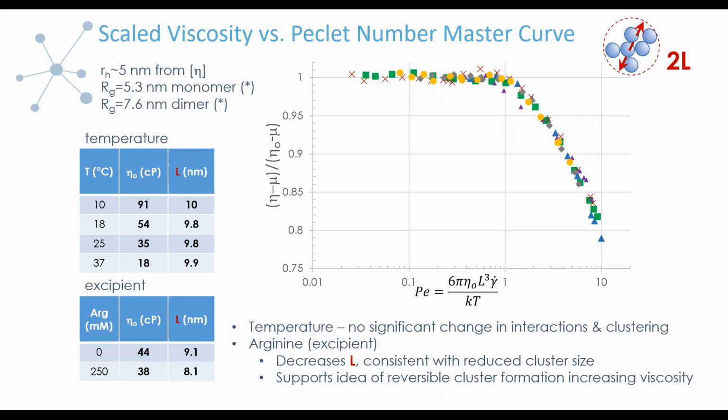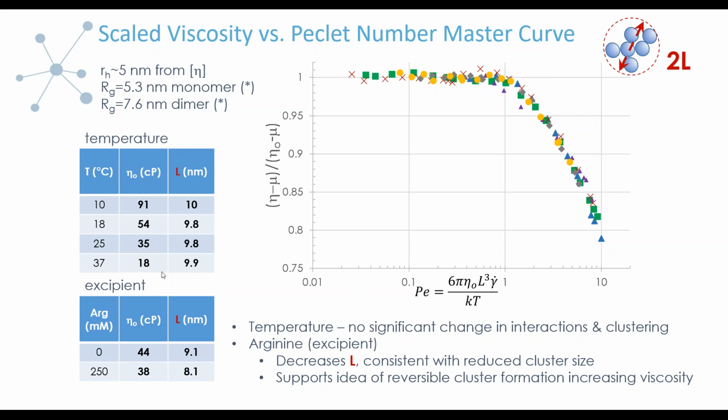Because we don't see a drastic change in the characteristic length scale of the system, there's no indication that we're dramatically altering the interactions and therefore any extent of cluster formation or aggregation. So that would be one way of using this to interpret this. So we feel that we're not having any significant impact on how these components are interacting as we change temperature. The temperature change is just coming from typical Arrhenius type behavior.